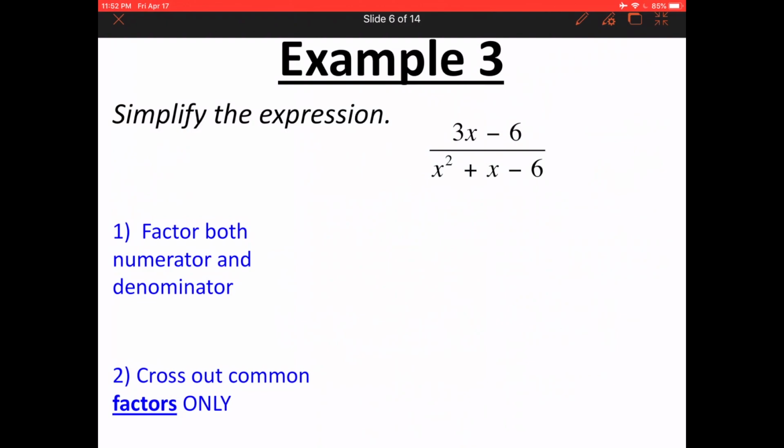Here on my next example, simplify the expression. Again, step 1 is to factor. I'm going to use 2 methods of factoring here. In the numerator, I'm going to use GCF. In the denominator, I'm going to work backwards. So to GCF, I have 3 times x, and then I have 3 times 2. So what do they both share? The 3.